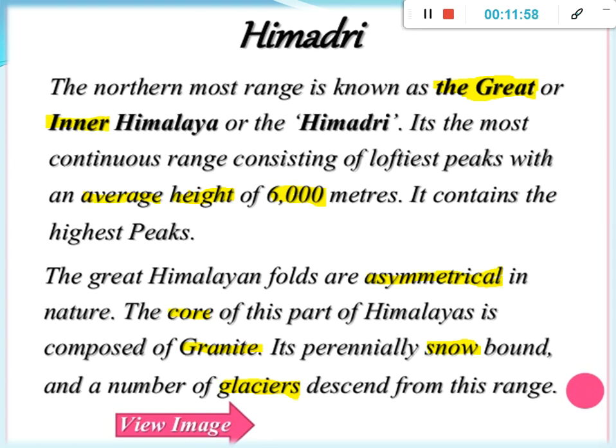It contains the world's highest peaks. The core of these Himalayas is composed of granite, and these are mostly covered with snow, and a number of glaciers are found in the Himalayas.